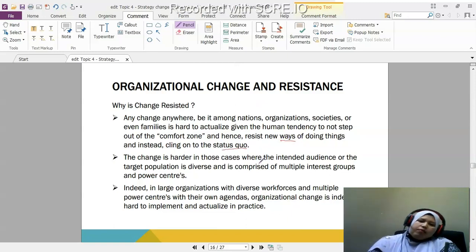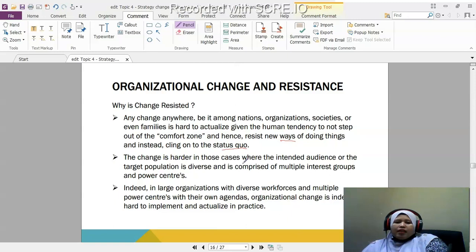Not only in an organization, we as human beings also resist change, right? Many of us just want to stay in the comfort zone. So that's why there is resistance to change.